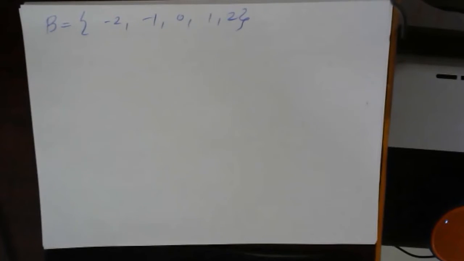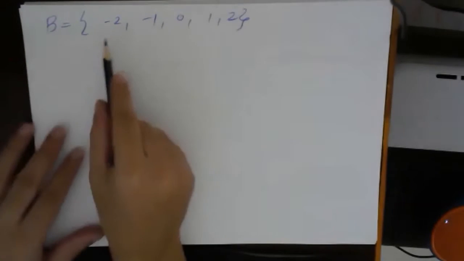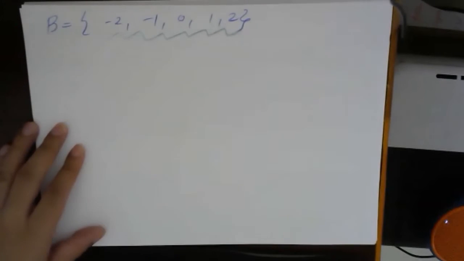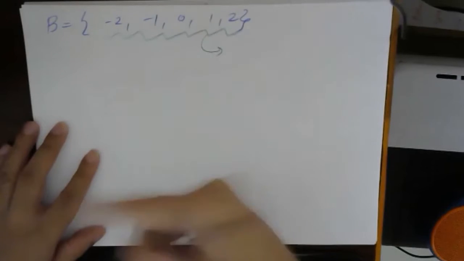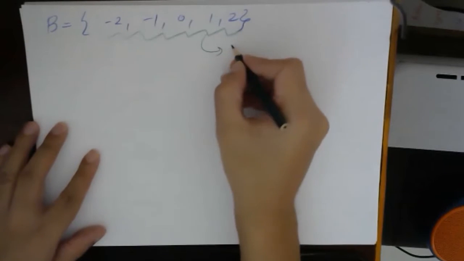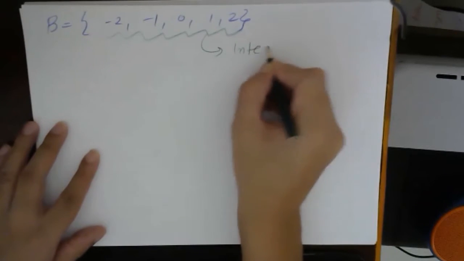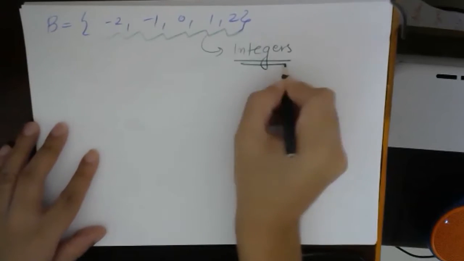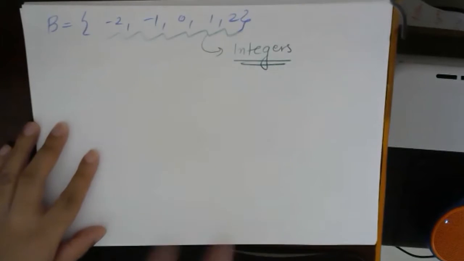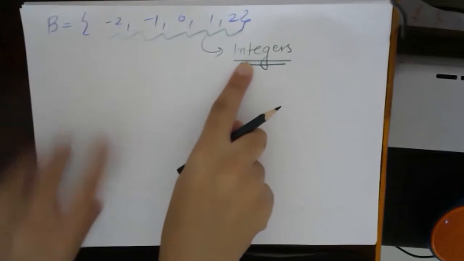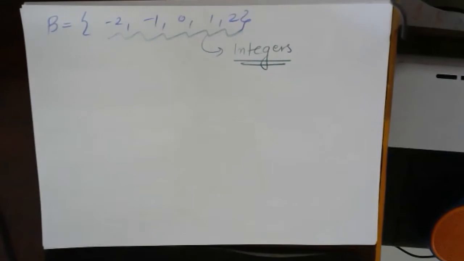Now, first we see what kind of numbers these are. These numbers belong to which broader set? They belong to integers. Very good. Now second, what is the lower limit and what is the upper limit?